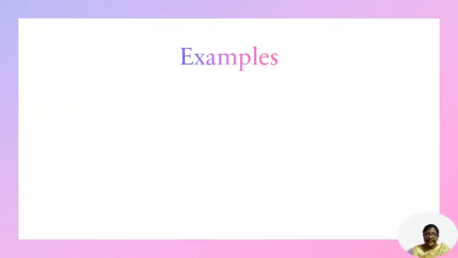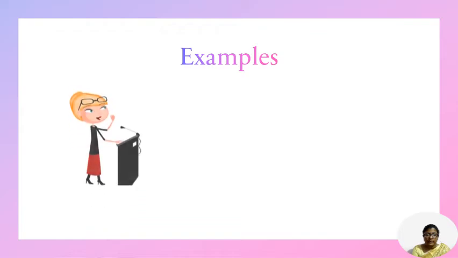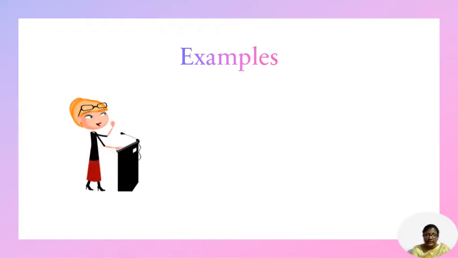Now let's see examples. What do we see here? We see a girl speaks. So how does she speak? She speaks bravely. Since bravely describes the verb speaks, bravely is the adverb.